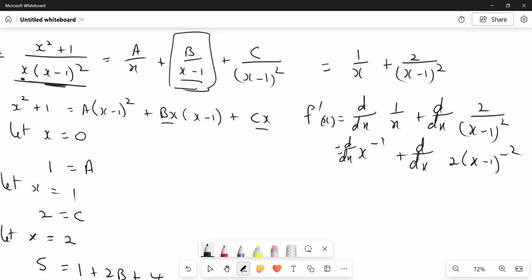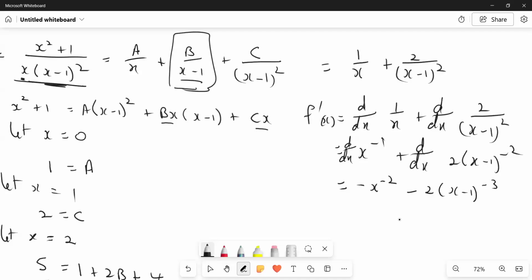And when we differentiate that, what do we get? We get minus x to the minus 2 plus, you bring this 2 to the front, I can change this to a minus sign, minus 2, don't trouble what's in there, to the minus 3.